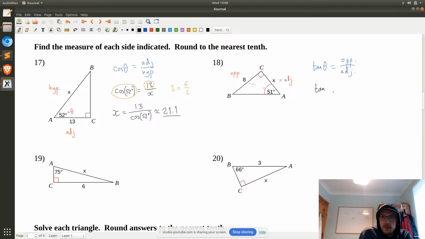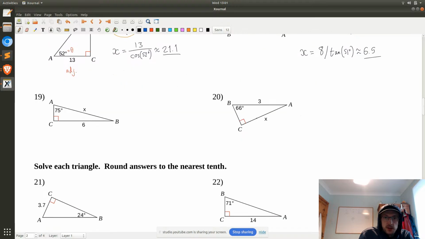Where theta is, put 51 degrees. Where the opposite is, put 8. And where the adjacent is, put x. And now it's just like that situation over there. So x is 8 over the tan of 51 degrees. And we check and see, and we get 6.5. And we check these answers, and they're correct. And that's good.